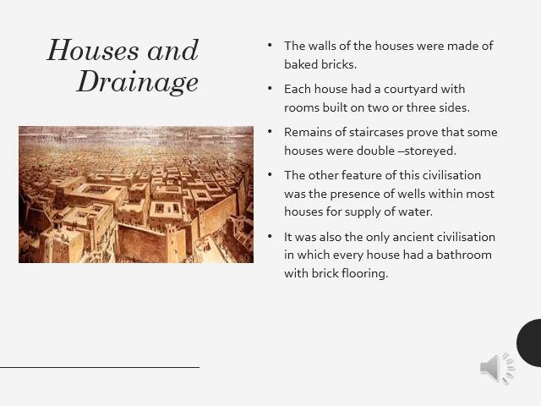It was also the only ancient civilization, children, in which every house had a bathroom with brick flooring. The floors of the bathroom were sloped so that the water could drain easily. These bathrooms had outlets to carry the dirty water to the drains outside.